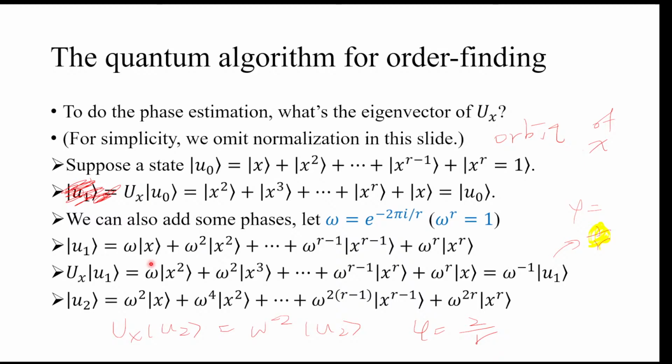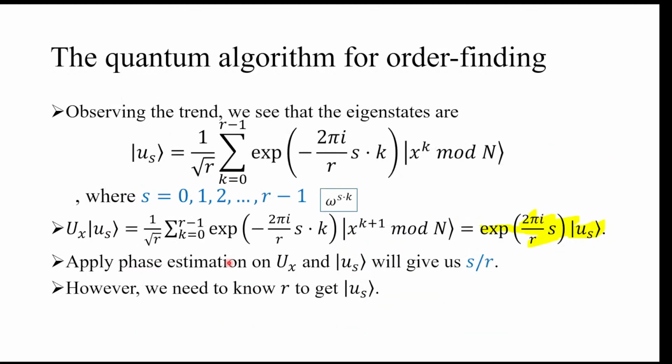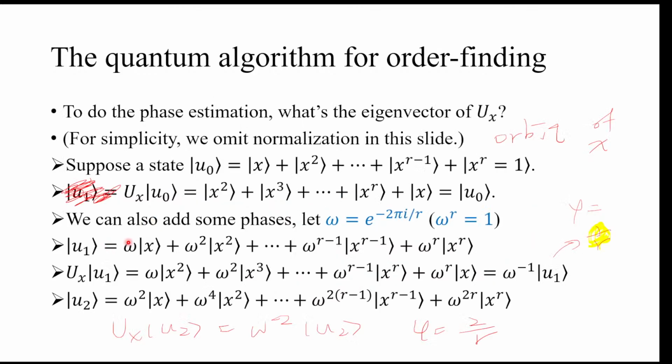That is, you add some omega to some power in front of all those x's, so omega to the 1, 2, 3 powers in front of it, and then you apply Ux on it. Here omega is the r-th root of 1, omega is e to the 2 pi i divided by r.